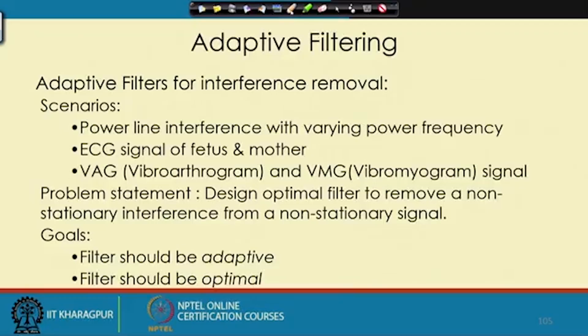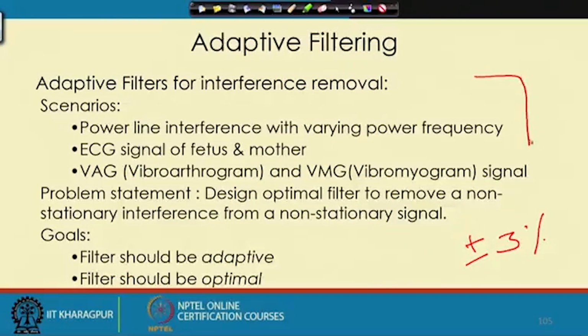Because of that we find the power frequency is changing all the time, and as per the law it allows 3% change in India, plus minus 3%. That means, over 50 hertz, plus minus 3% means 1.5 hertz, it can go below the power frequency as well as above the power frequency.